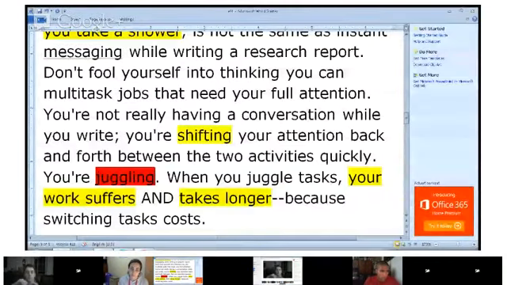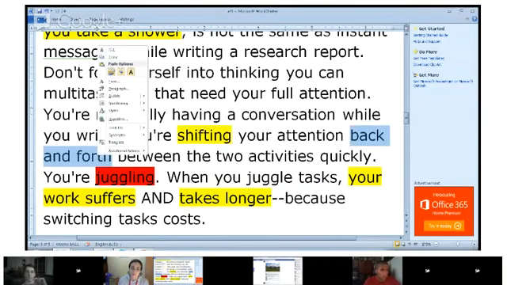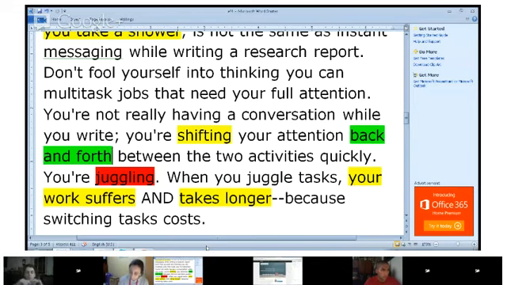Okay, so perfect. So she's saying juggling is bad because you are shifting your attention back and forth. This is a phrase that you will hear frequently in English. You're shifting your attention from one job to the other. And in her opinion, that does not work. When doesn't it work?